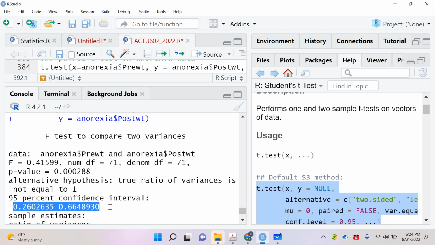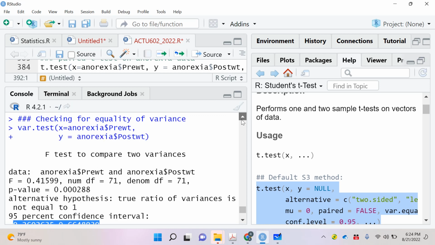Your p-value is what? 999. Okay, I think you should check this. Is that the same thing you did?